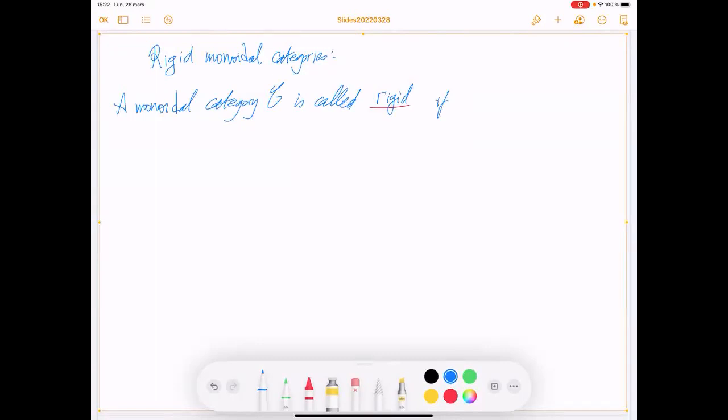And we will recall the definition of dual object just after this definition. So, every object of C admits a left and a right dual object.